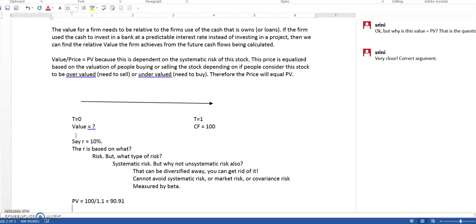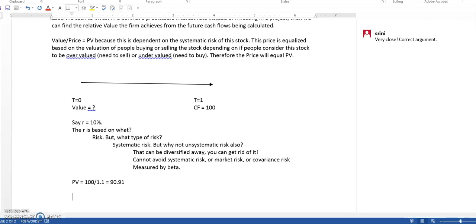So what I'm saying is, if I have a bond like this, why should the value of the bond here be 90.91? So let us see what will happen if the price is not equal to 90.91. So let us suppose the price equals 95. Then what will happen?